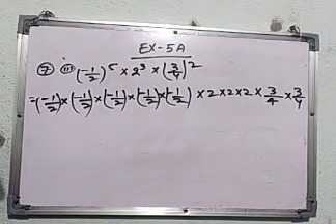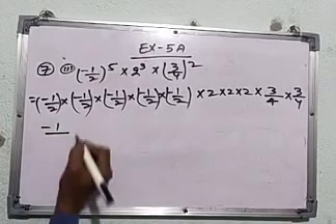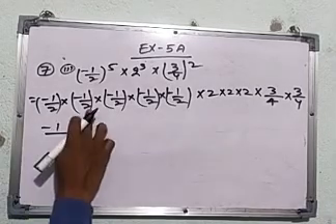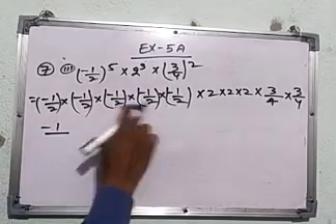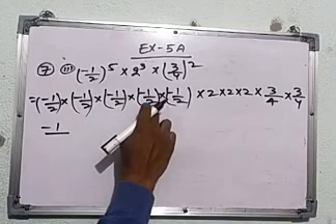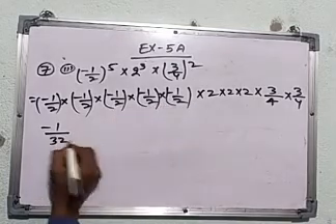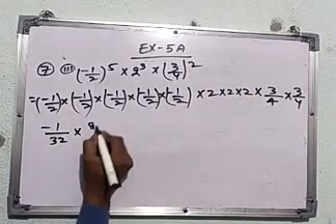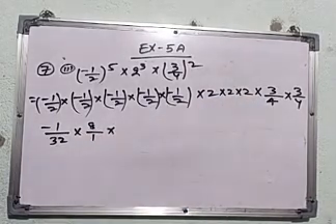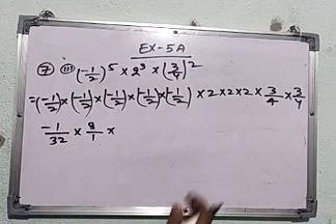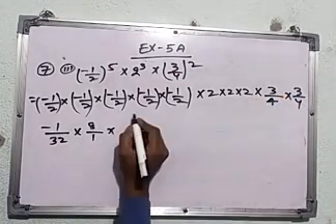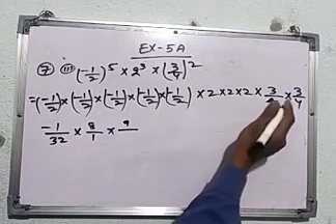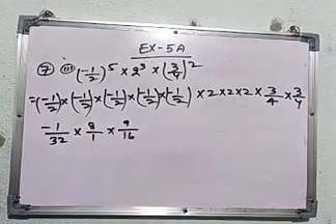Now if you multiply 1 into minus 1 into minus 1 into minus 1 into minus 1 into minus 1, we get minus 1. And 2 twos are 4, 4 twos are 8, 8 twos are 16, 16 twos are 32; 2 twos are 4, 4 twos are 8, by 1. Now 3 threes are 9 and 4 fours are 16.